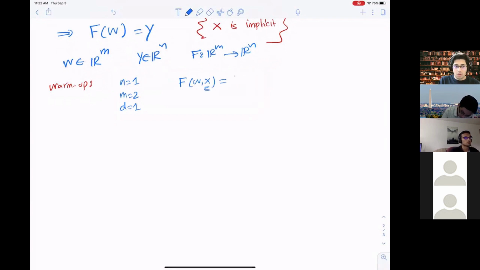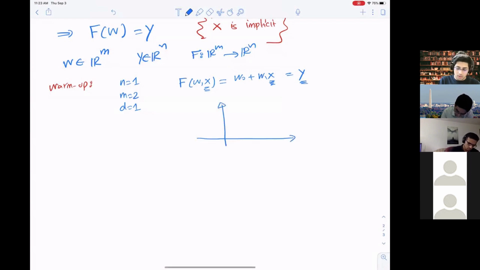So f(W) in this case is W0 plus W1 times X. It is a linear system, and I want this to be equal to my label. So I have one X and one Y. I have one training sample, and I'm fitting a model with 2 parameters, W0 and W1, to this sample. So how many solutions can I have? I can have a lot of solutions.